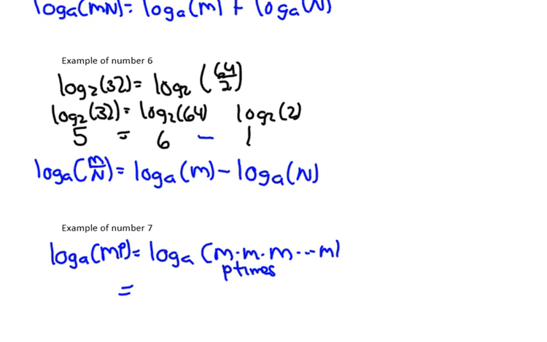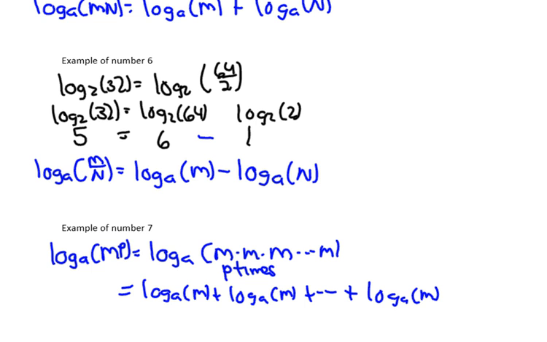Now, we just figured out from 2 examples ago that when it's multiplication, I can separate them by addition. So it is log base a of m plus log base a of m plus dot dot dot log base a of m, but that's p times. So when you're adding the same exact thing p times, it ends up being p on the outside, times log base a of m.